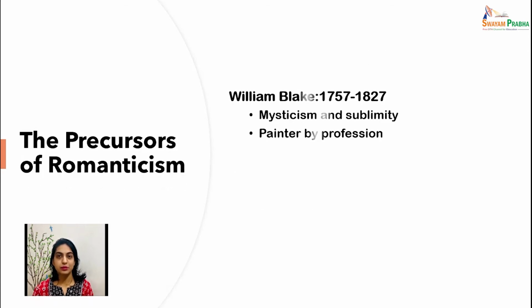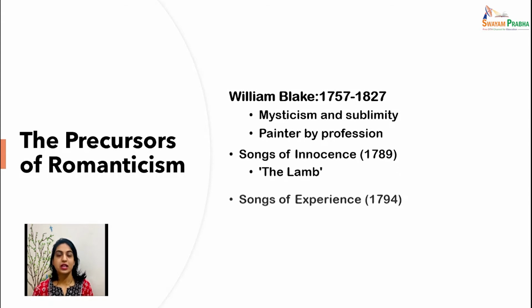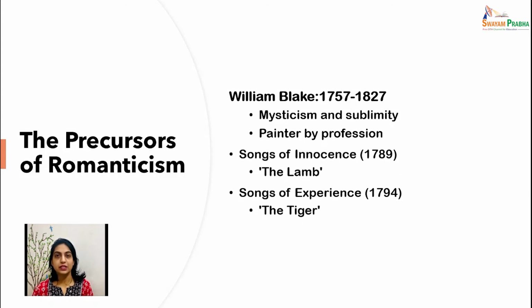Mysticism and sublimity were also a part of pre-Romanticism, and William Blake's poetry represents this to a great extent. His poem, The Tiger, that begins with the famous line, "Tiger, tiger, burning bright," and another poem, The Lamb, that begins with "Little Lamb, who made thee," are widely read poems.